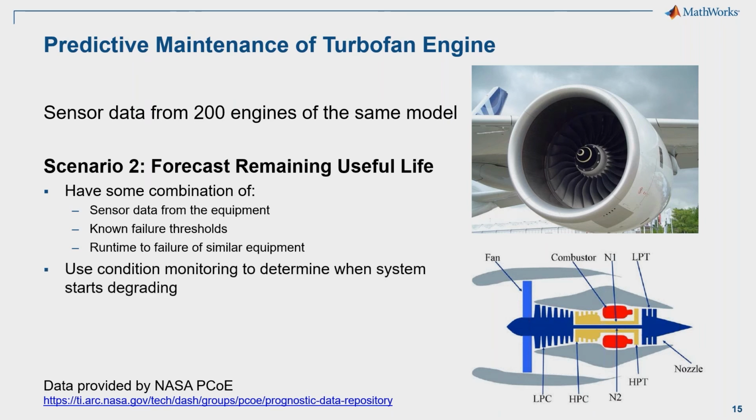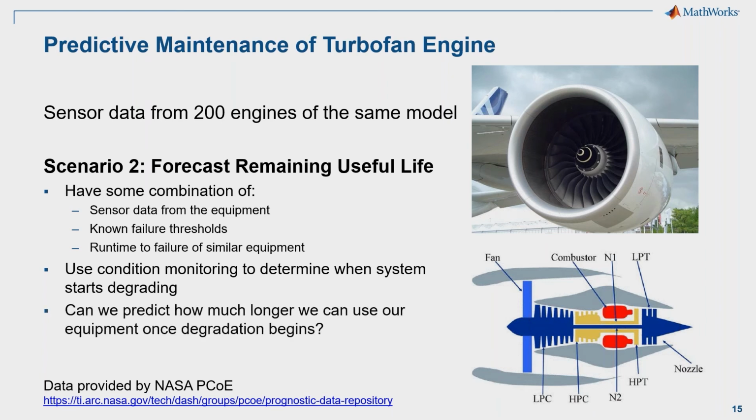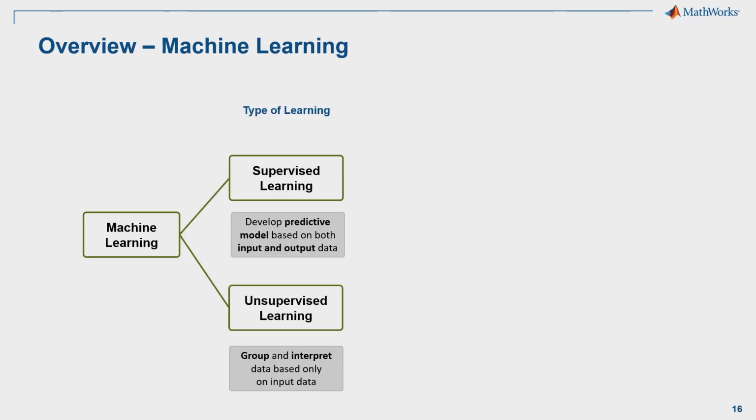Okay, now we're going to take advantage of what we did before, right? We can use condition monitoring to determine when the system starts degrading, and then once it starts degrading, then we can use this remaining useful life estimator in order to say, okay, it's starting to degrade. How long do I have until that degradation turns into failure? Okay, so that's what we're trying to predict.